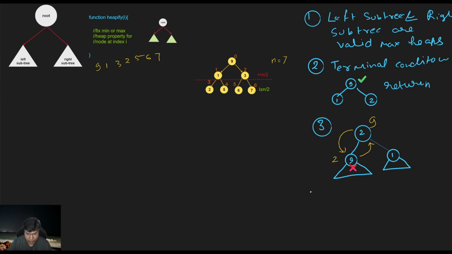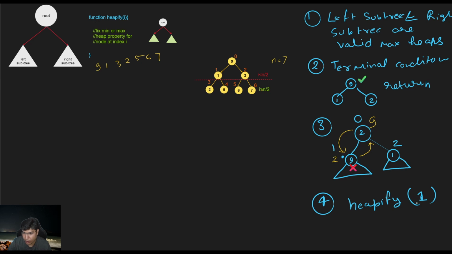Then what we do is we call the max heapify or heapify function with the index of this node. In this case, let's say if this is my 0 index, it is 1 and it is 2, then I will call heapify on 1 again.